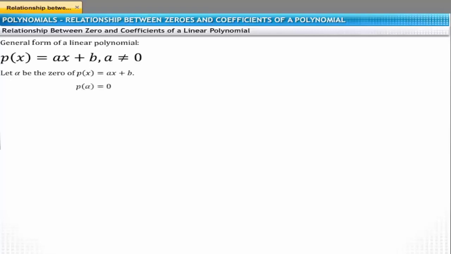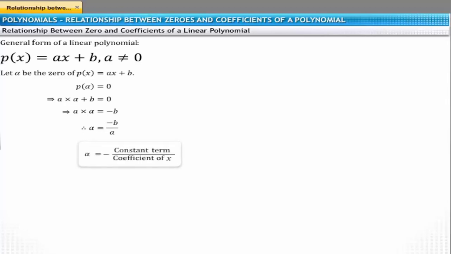Hence, we can say that p(alpha) is equal to 0. This implies that a multiplied by alpha plus b is equal to 0. On simplifying this expression, we get alpha is equal to minus b divided by a. Here b is the constant term and a is the coefficient of the variable x of the linear polynomial.